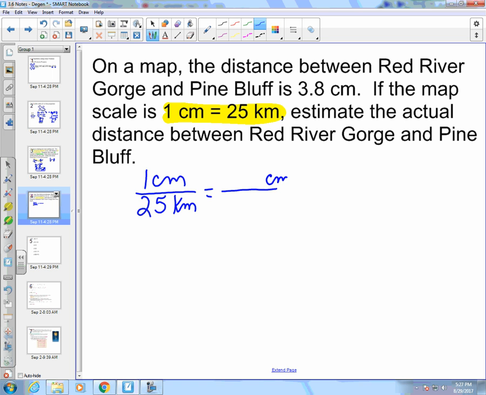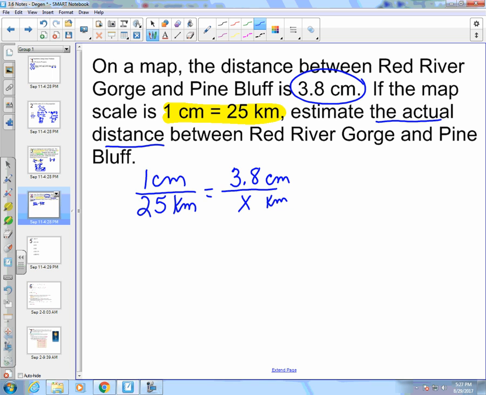We know that we need centimeters on top and kilometers on the bottom. What else are we given? We're given 3.8 centimeters, and we're supposed to find the actual distance. So that means we're going to put that 3.8 centimeters in the top and x in our denominator.